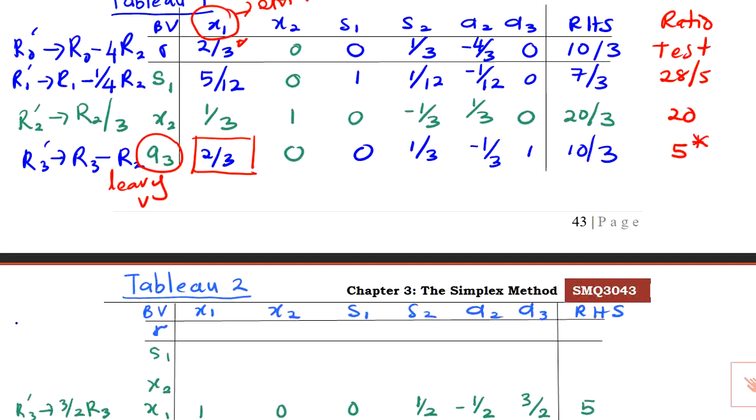So for row 0 new, row 0 minus 2 over 3, row 3 new.